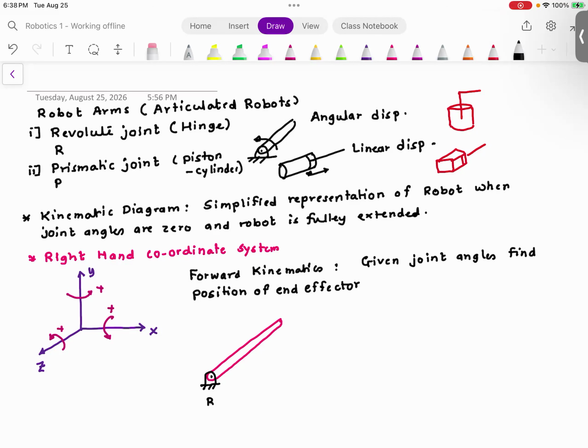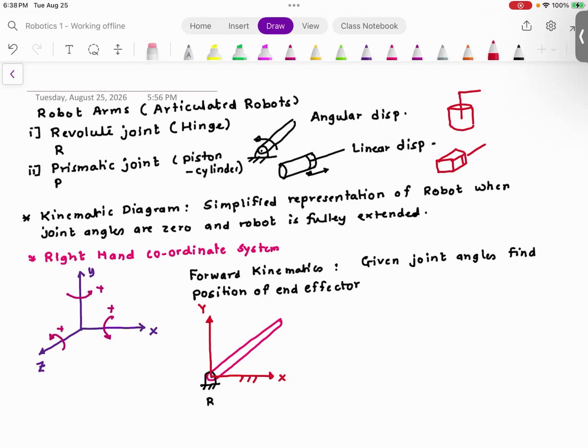So what I'm going to do is assign a coordinate system that is fixed to the ground. This is my coordinate system. This is my x coordinate. This is my y coordinate. And this coordinate system is fixed.